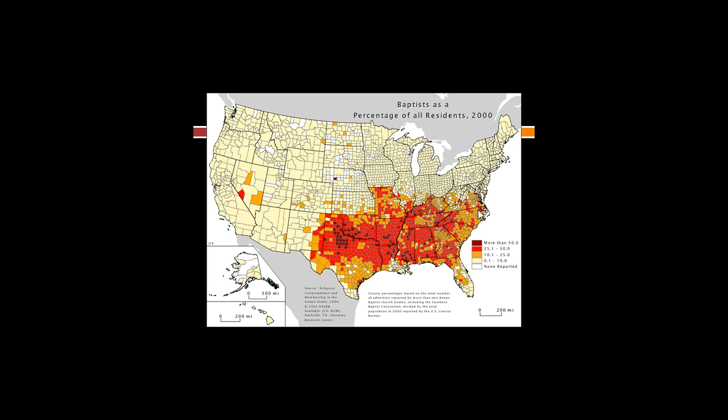So from the East Coast, southern coastal colonial regions, other places like Mississippi and Texas were settled later on by people largely coming from other parts of the South, and they carried their religion with them. Interestingly, you can see this really sharp divide right here, and that's where that southern culture came up against an already existing, largely Spanish-speaking culture that traced their roots back to New Spain. And that's one of the reasons then why that line looks so sharp.